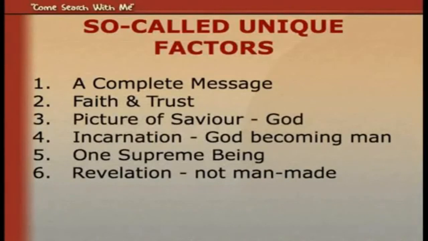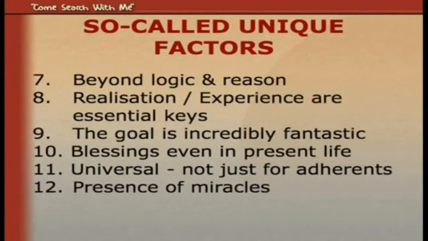And there were 12 such factors: a complete message, faith and trust, picture of a Savior God, incarnation, one supreme being, it is revealed and not man-made, it's beyond logic and reason, realization, experience are essential keys, the goal is incredibly fantastic, blessings even in this present life, it is universal, not just for the adherents of that faith, and number 12, presence of miracles. These are found in more than one. So I put all these 12 aside and looked at 10 questions.